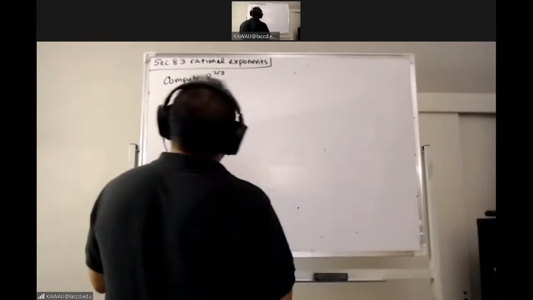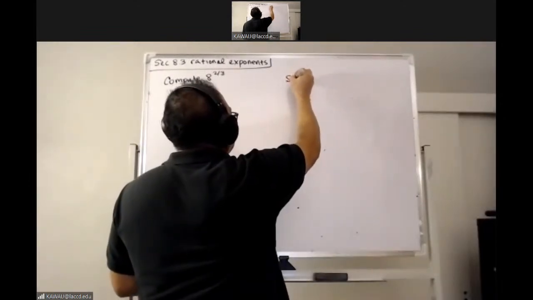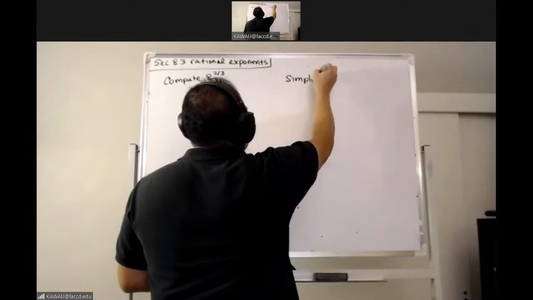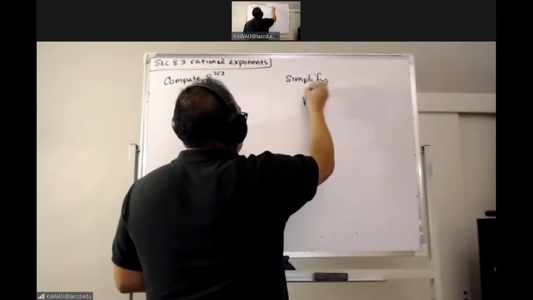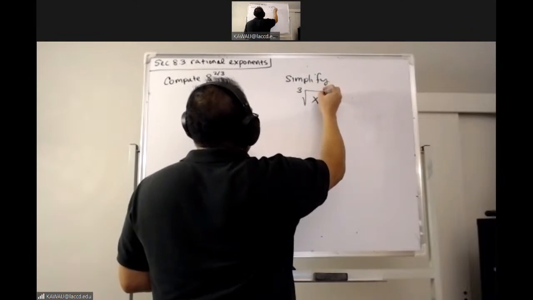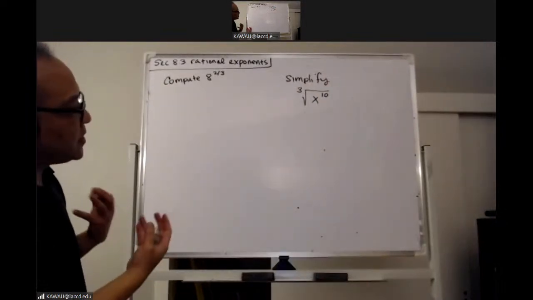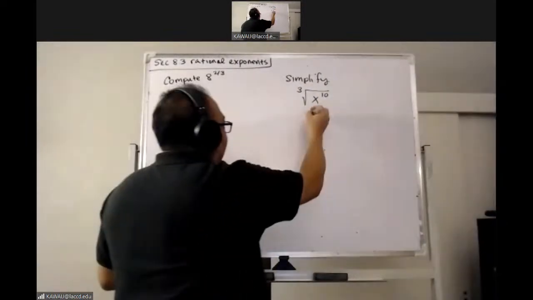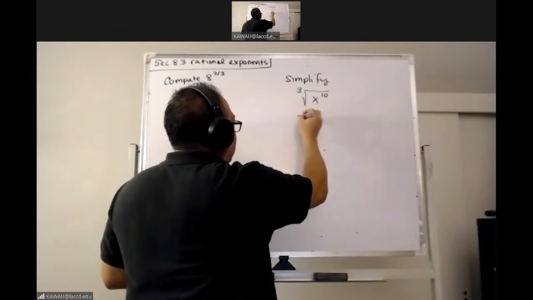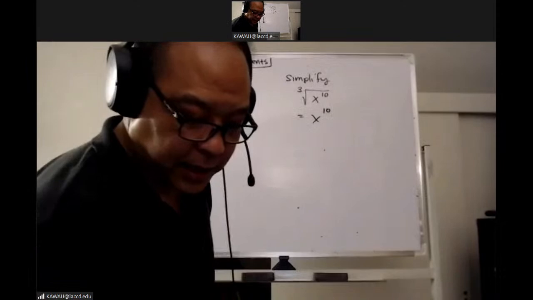In the past, when I told you to simplify, let's say x to the 10, what would happen is you'd go, oh, that's equal to x to the 10, and then we divide by the index.